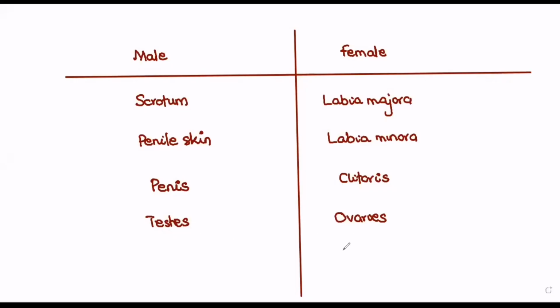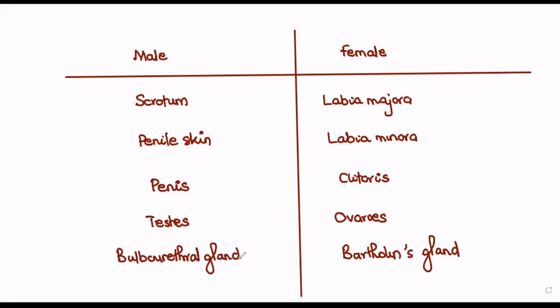Now you can see the Bartholin's gland for yourself. Its male counterpart is called the bulbourethral gland or the Cowper's gland. And the female has paraurethral or Skene's glands.